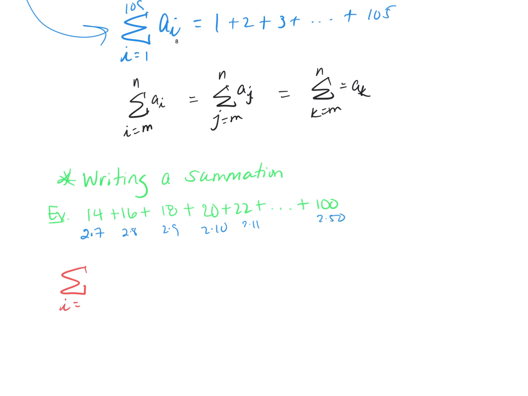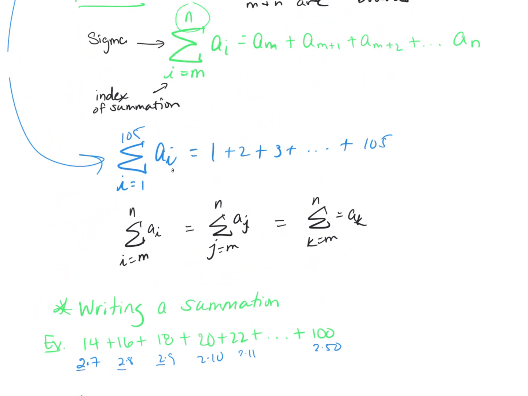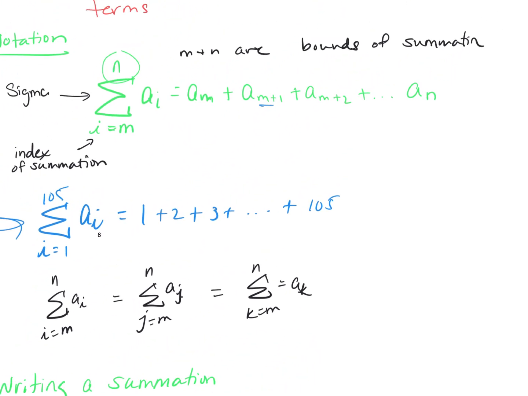So we know that what's repeating every time is a 2, so I know it's going to be there. Now, I know that I have to multiply 2 by 7, then go up from 7 to 8. Well, if you remember from our notation, when we start with n, we add the next one, and then we add the next one.